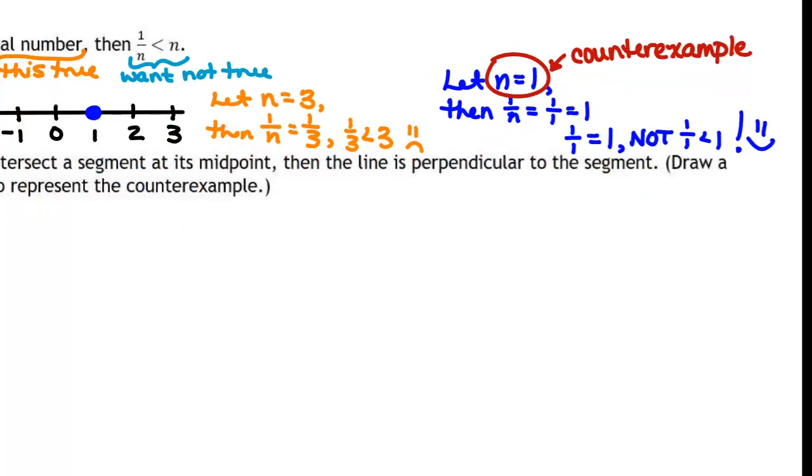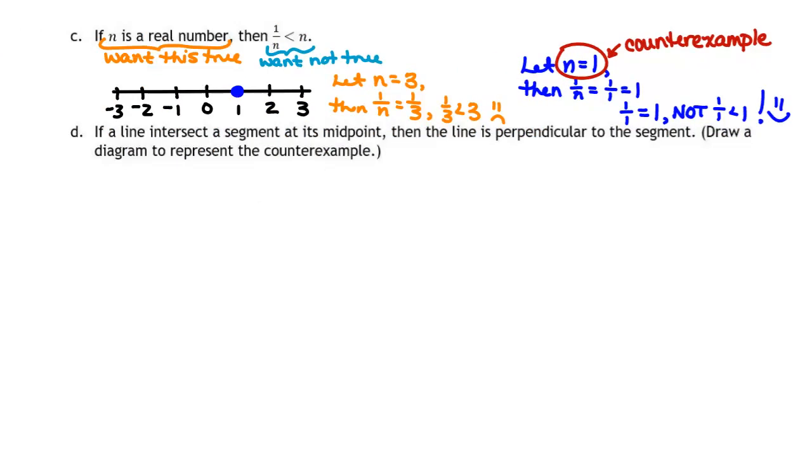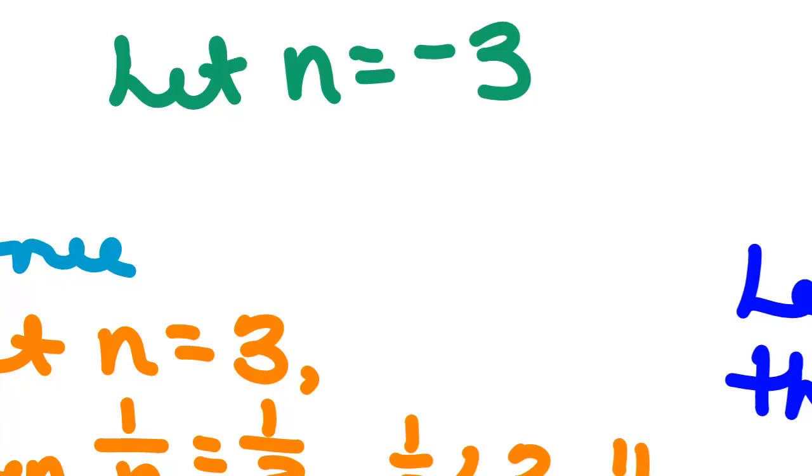If n is 1, then I can do 1 over my chosen number, and I do not get something that is less than my original number. Absolutely works. We could do the same thing with -1. Or I could do -3. Let n equal -3.